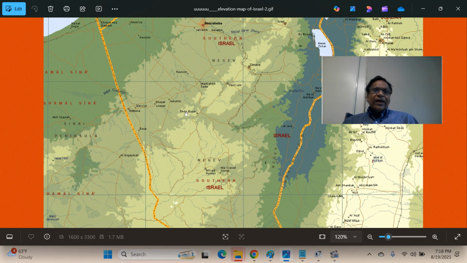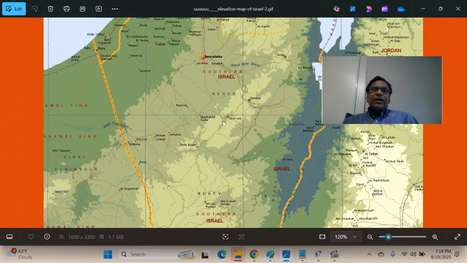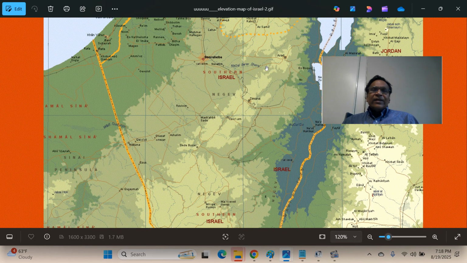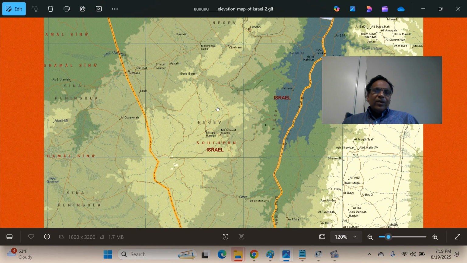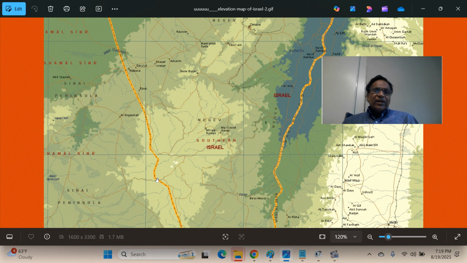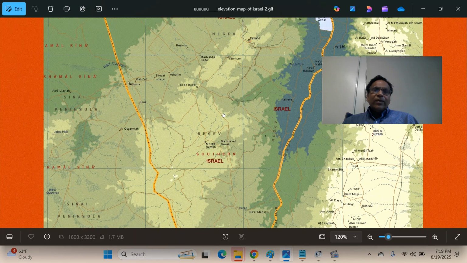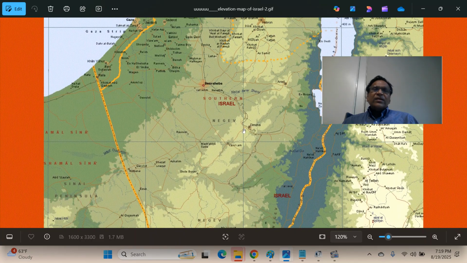Sde Boker, I can see here, where Ben Gurion lived. There is a small gap here. And Dimona, it goes until Arad. You can see the Arad and Dimona, Yeruham, and Mount Ramon in this region. And this is the Judean mountains and Yatir hilly region, Beersheba here, Arad Valley.